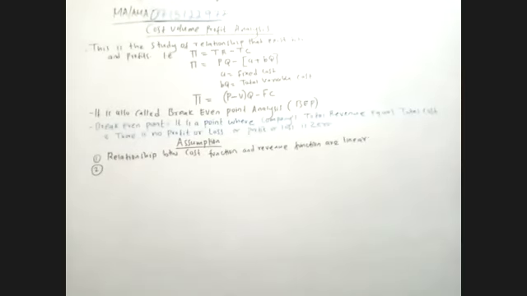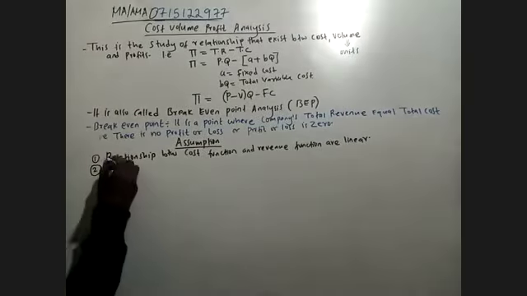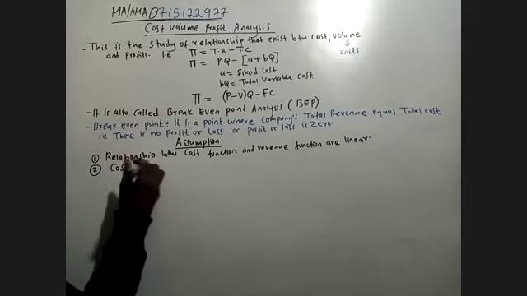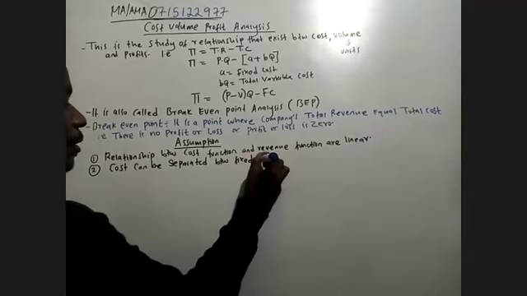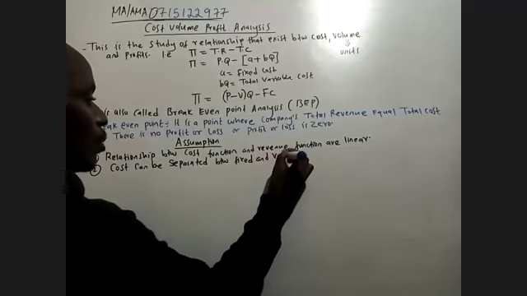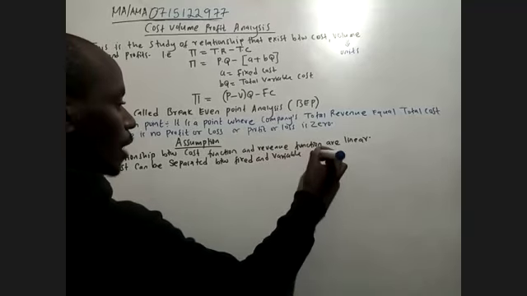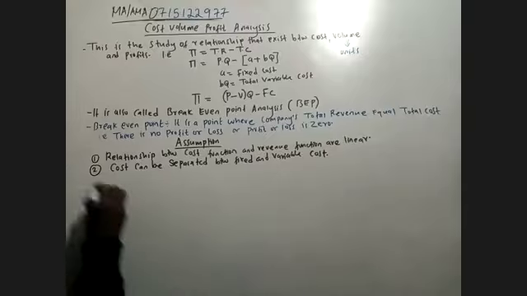Number two, the cost can be separated into either fixed or variable. Another assumption: cost can be separated between fixed and variable cost.